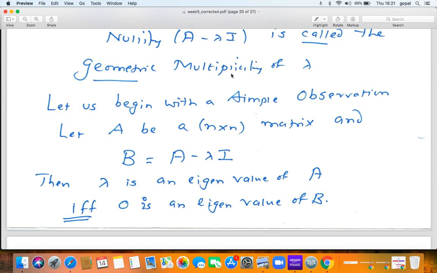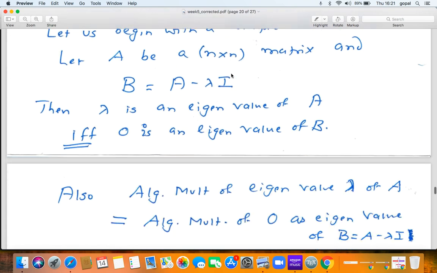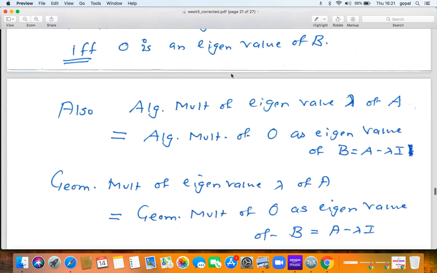That means determinant of B is 0, which means 0 is an eigenvalue of B. Also, I want you to check that the algebraic multiplicity of lambda as an eigenvalue of A is the same as the algebraic multiplicity of 0 as an eigenvalue of B. I also want you to check that the geometric multiplicity of lambda as an eigenvalue of A is the same as the geometric multiplicity of 0 as an eigenvalue of B.